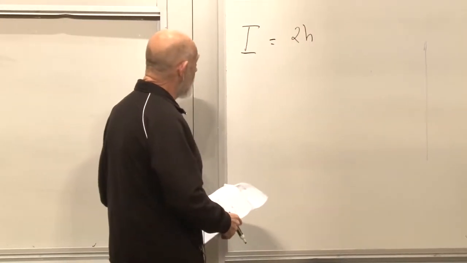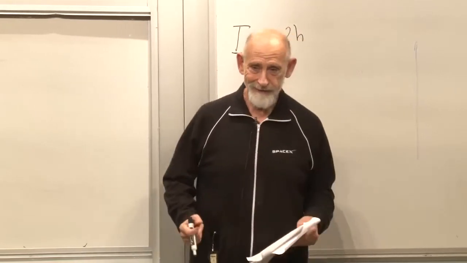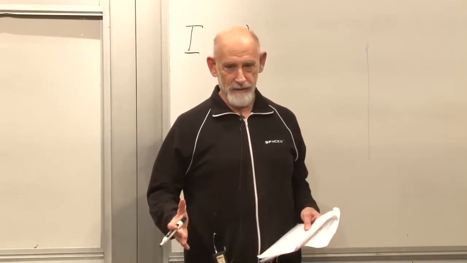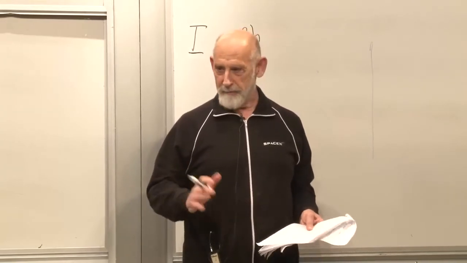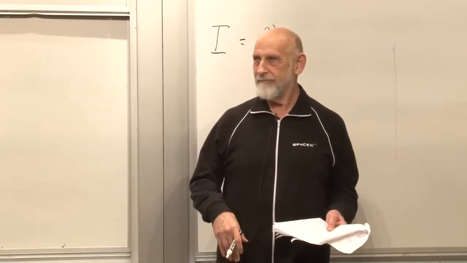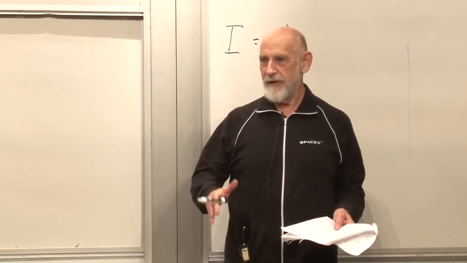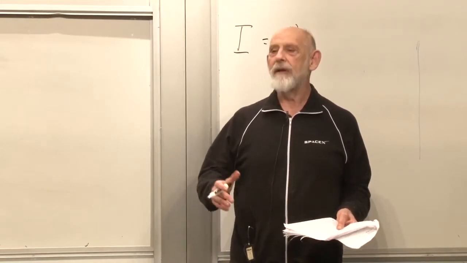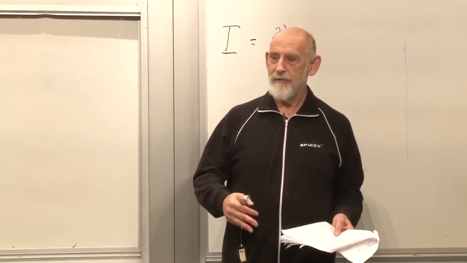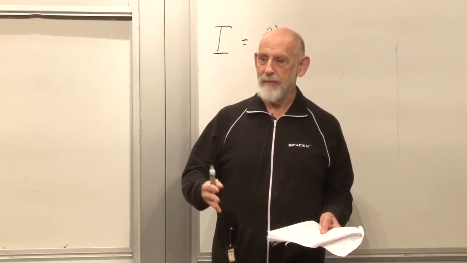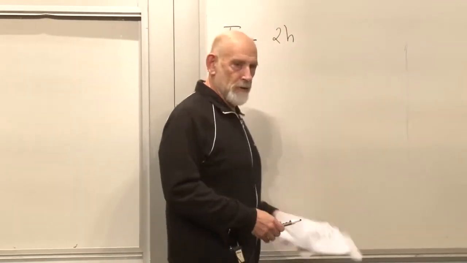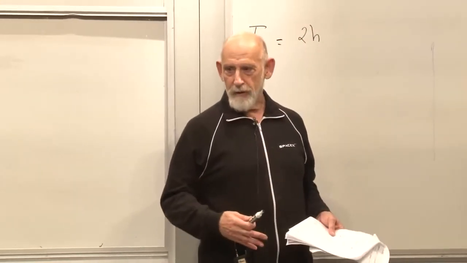Of course, what are the units of energy? You want to reduce everything to length, distance, time, and mass. Energy is mv squared. v is length over time, so mass times length squared over time squared. And then to get h, you multiply by time, so it's mass times length squared over time.